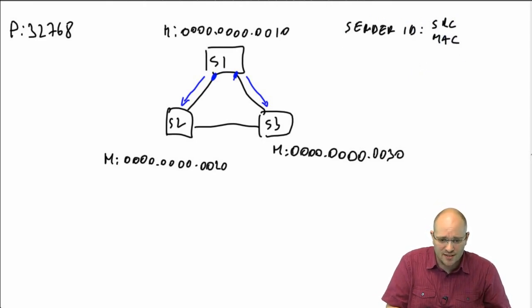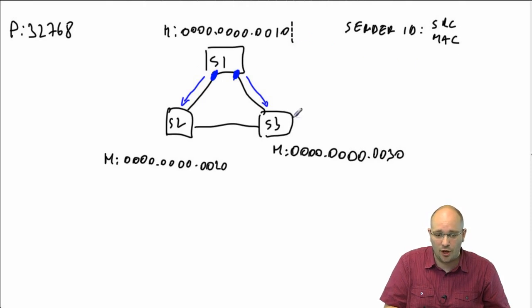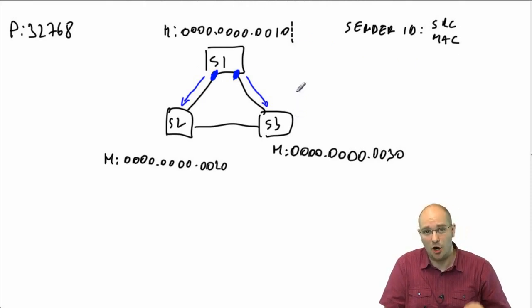The source MAC address will actually be the actual MAC address used by this port. This is not necessarily going to be the same value as our bridge identifier, as our system MAC address. It's usually going to be somewhat higher.